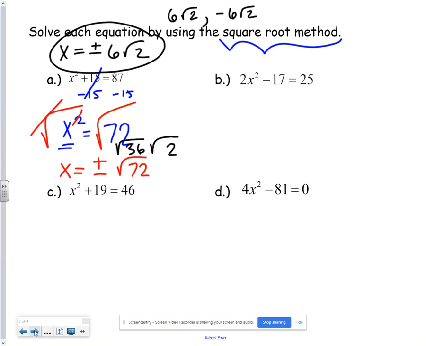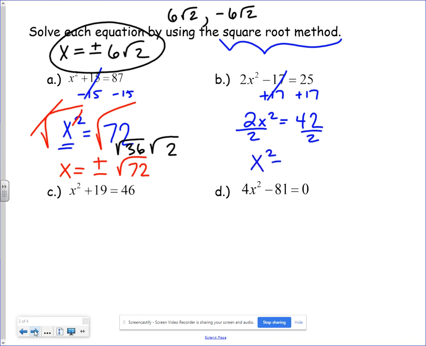All right, let's do B. So to solve for B, we would first add 17 to both sides. So we get 2x squared equals 25 plus 17, which is 42. Then I would divide both sides by 2.